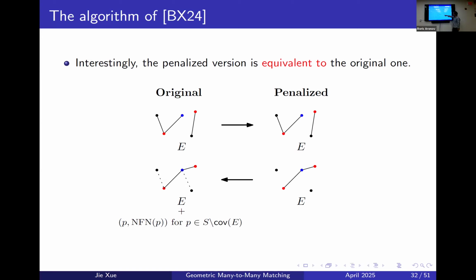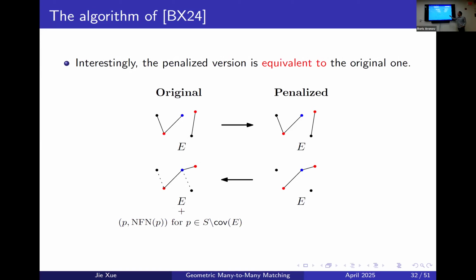The cost here is at most the total length of the edges plus the penalties of the uncovered points. So if you have an optimal solution for one, you can convert it to an optimal solution for the other. The two versions of the problem are equivalent.